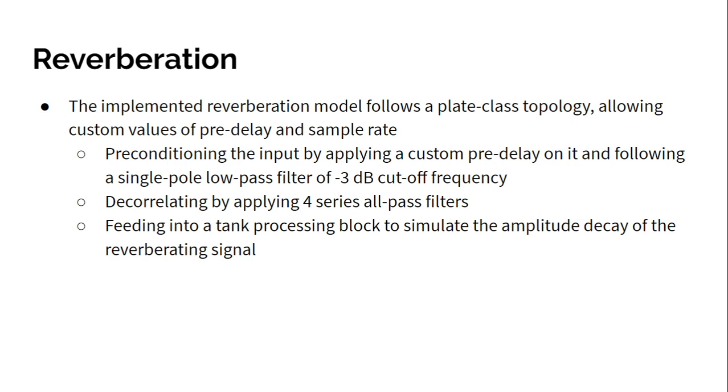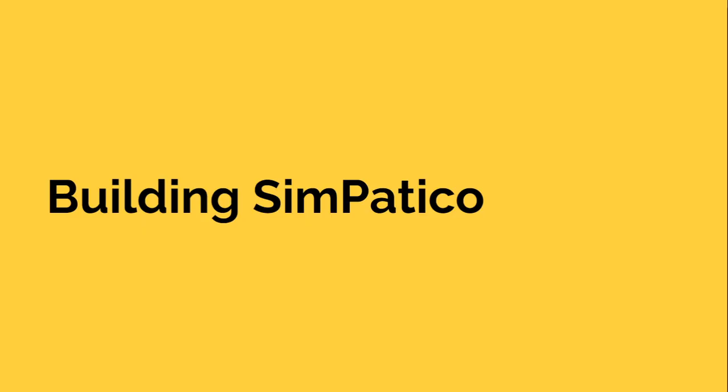Then we apply some decorrelation with 4 all-pass filters in series, and then we feed that into a tank processing block so that we can simulate the decay of the amplitude of the reverberating signal. In many situations, the decay has an exponential-like shape, and that's what we see pretty often in acoustic applications. Following, I'm going to talk about the simulator itself.